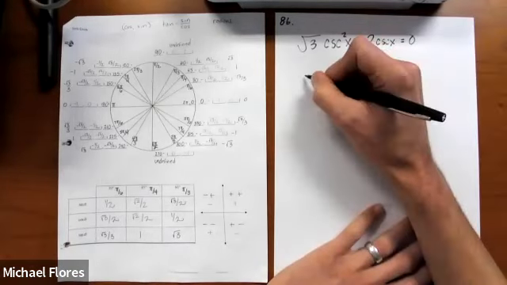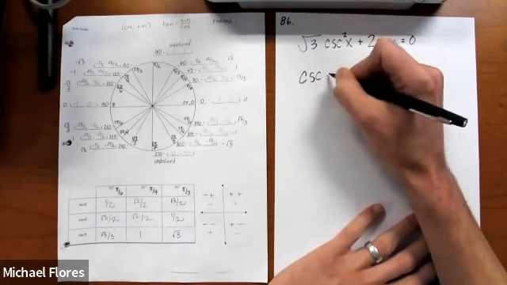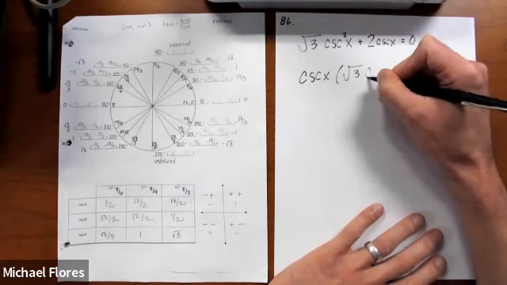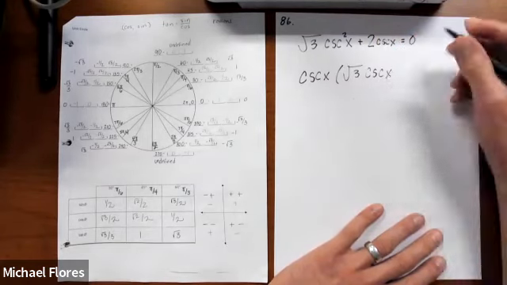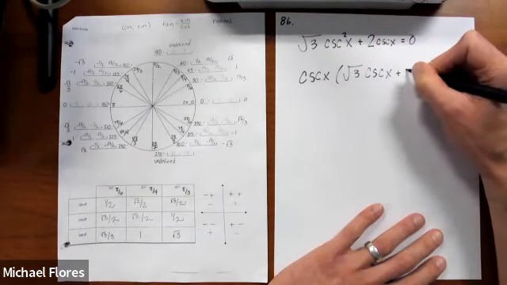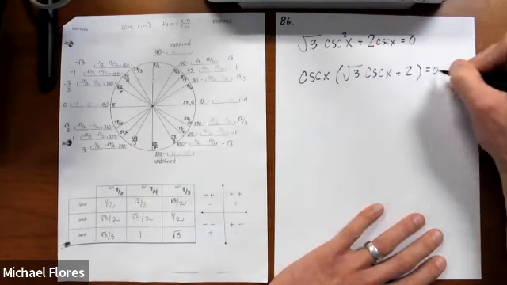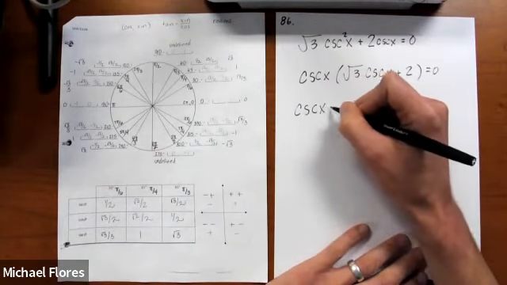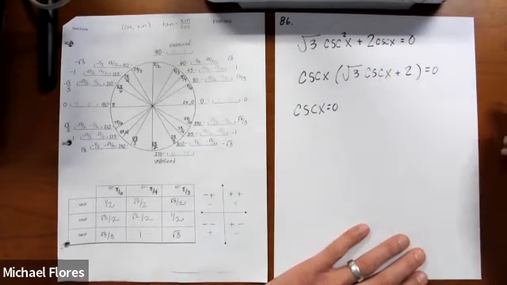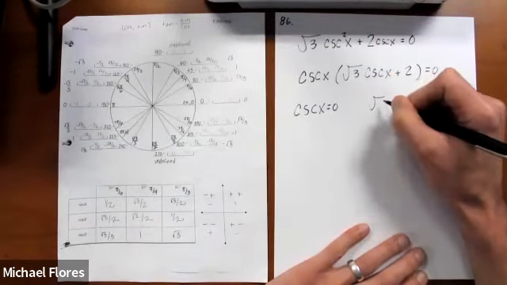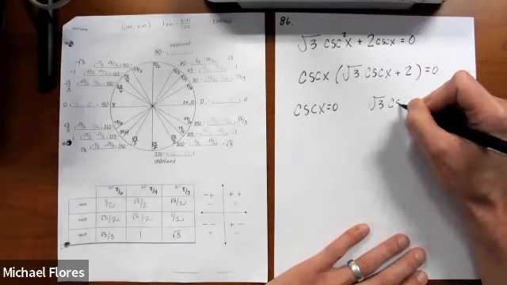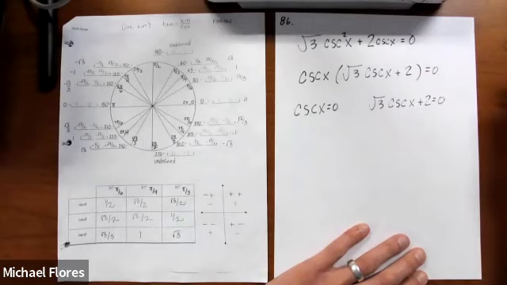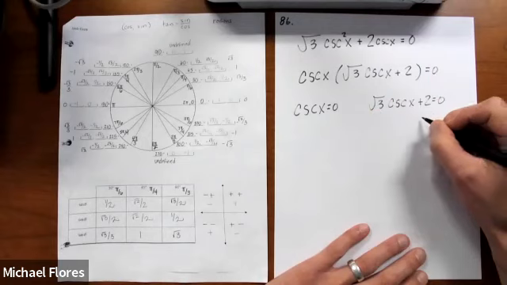Start by factoring out a cosecant. Solve this one a little bit further.